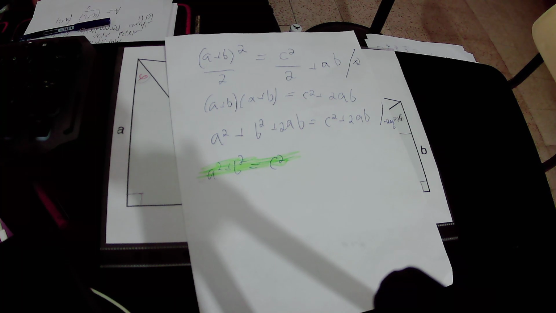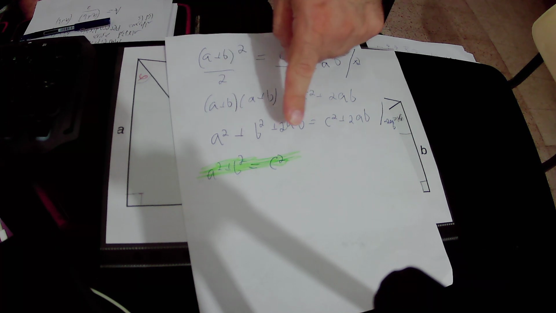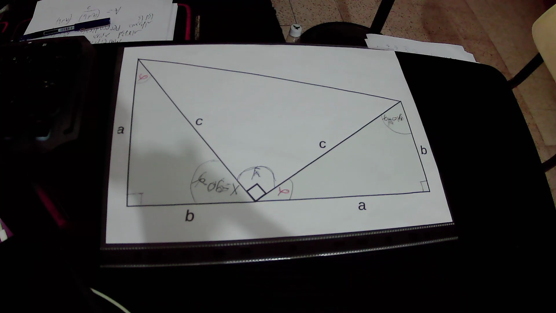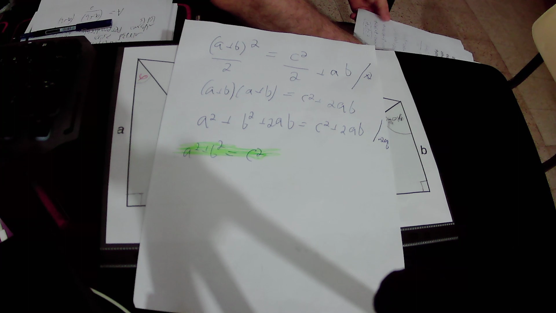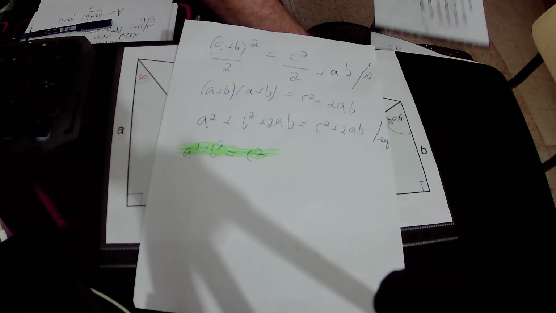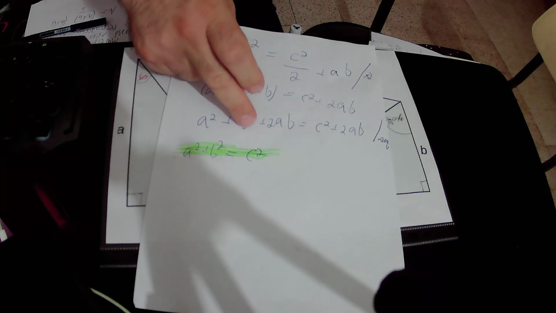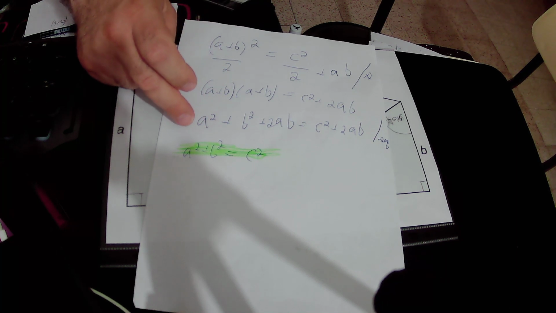And if we deduct 2AB from both sides of the equation, we will get that A squared plus B squared equals C squared, and this is exactly the Pythagorean theorem, which says that the square of the hypotenuse, C squared, is equal to the sum of the squares of the perpendiculars.